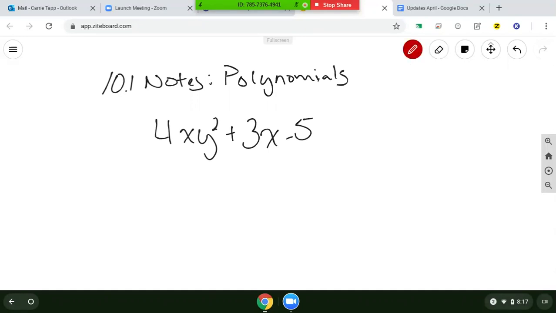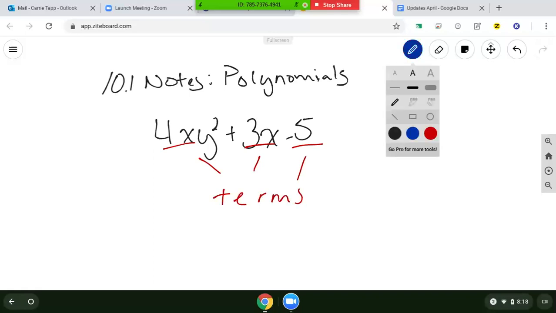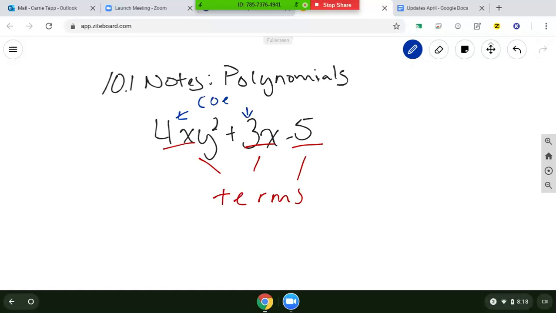So here, these three different parts, these are called terms, okay? And then these numbers right here, these are called coefficients. So in your homework for lesson 10.1, you're going to be asked to state what are the coefficients and what are the terms individually. Let's go over an example of this.